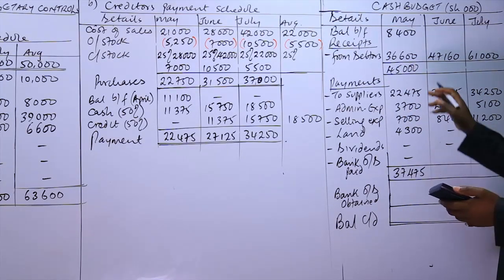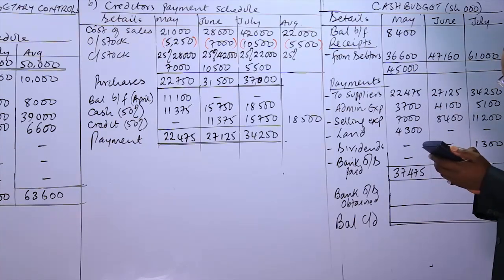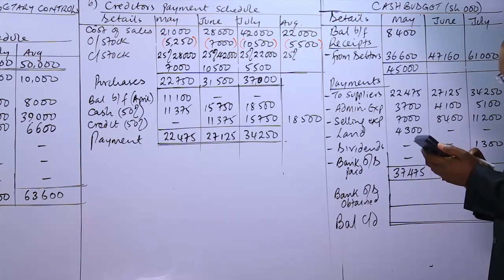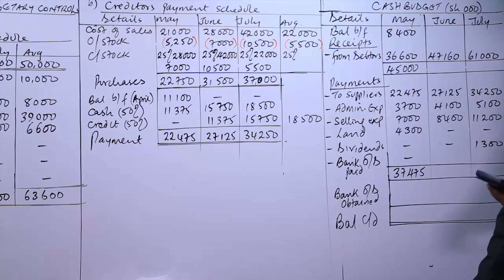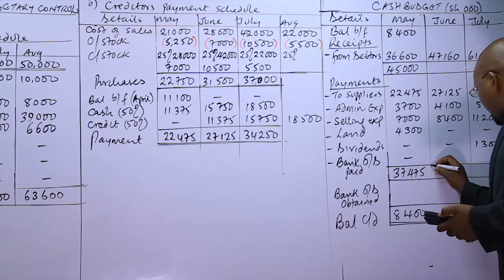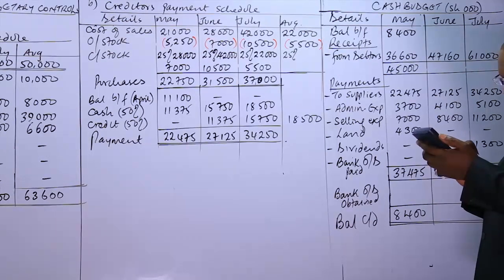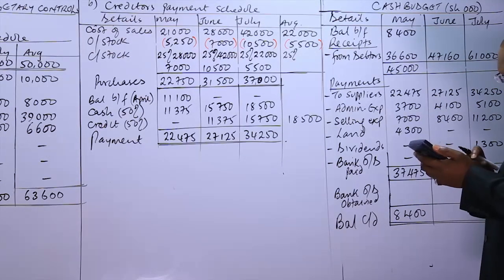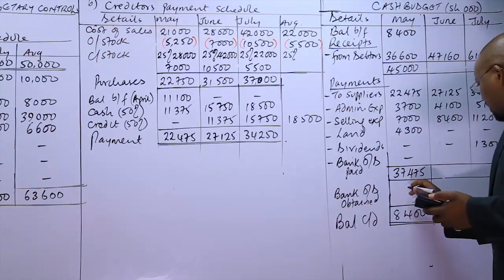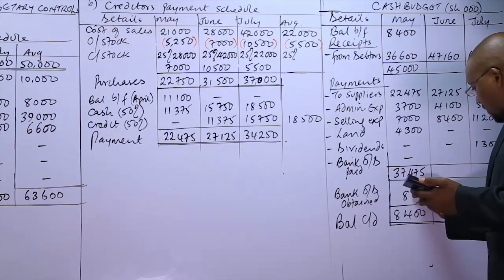Now we are supposed to have a cash balance not less than 8,400. So if we subtract 37,475 from 45,000, the balance I'm getting is only 7,525. So I have to take an overdraft. If I take 8,400 minus this 7,525, I must take an overdraft of 875.